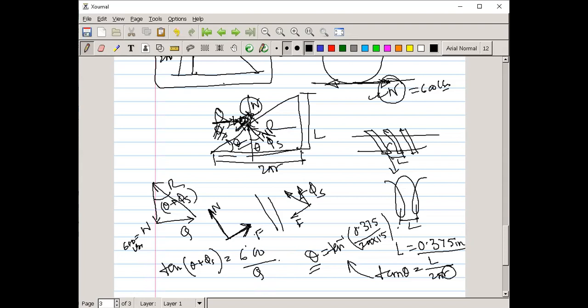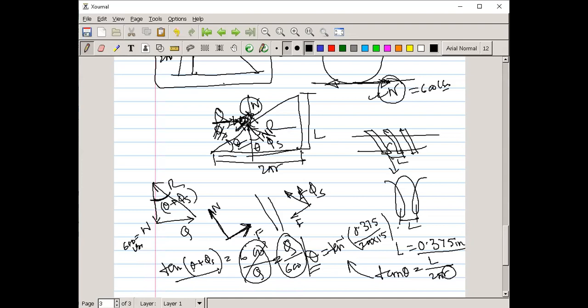Or Q divided by 600. Which one? This is your angle. So tan of theta plus phi s, this one or this one? Q by 600, sir. So tan of theta plus phi s is Q by 600.